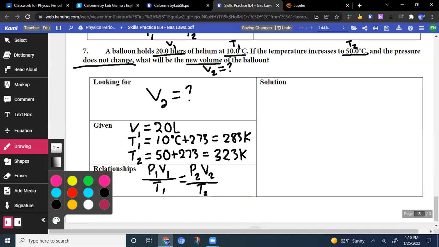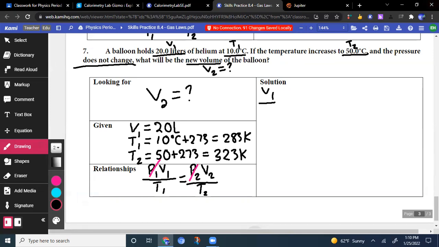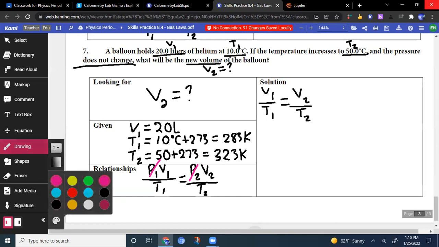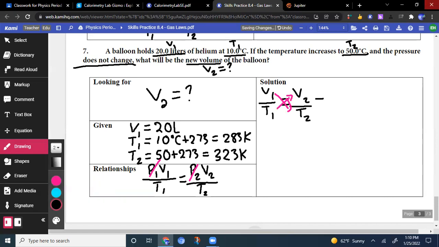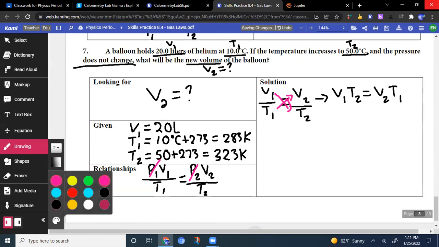Again, the pressure does not change, so we get to exclude P1 and P2, and our equation is volume 1 over temperature 1, V1 over T1 equals V2 over T2. Cross products. And we have V1 times T2 equals V2 times T1. We're looking for V2, so again, you need to divide by T1.